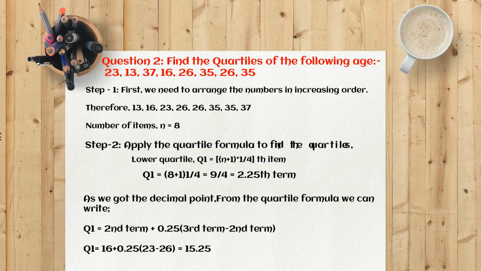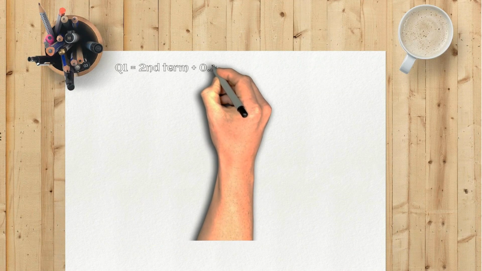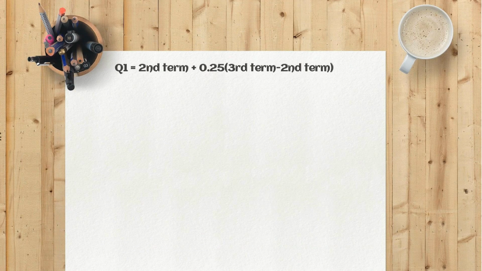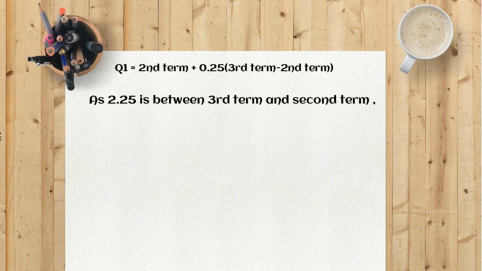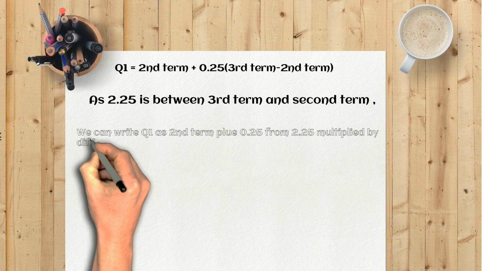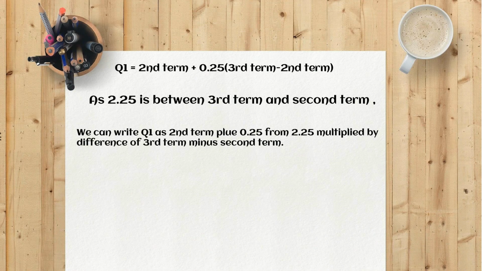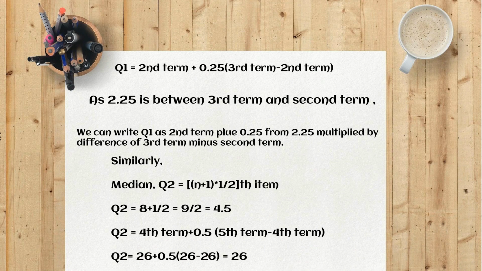Q1 equals 16 plus 0.25 multiplied by (23 minus 16) equals 17.75. As 2.25 is between the second term and third term, we can write Q1 as second term plus 0.25 multiplied by the difference of third term minus second term.